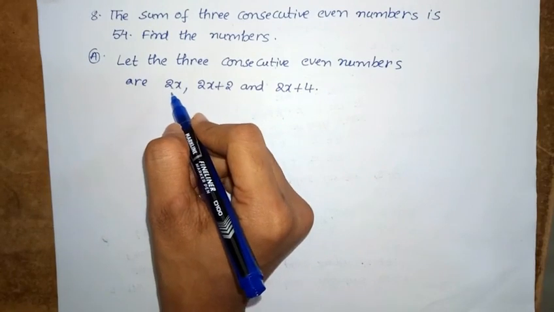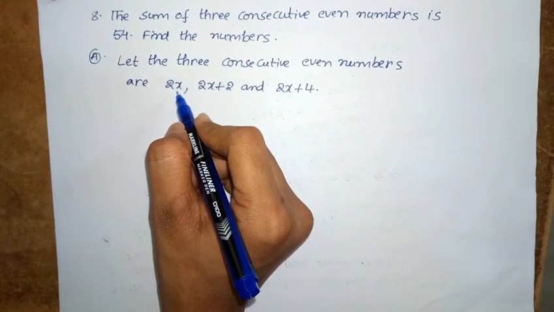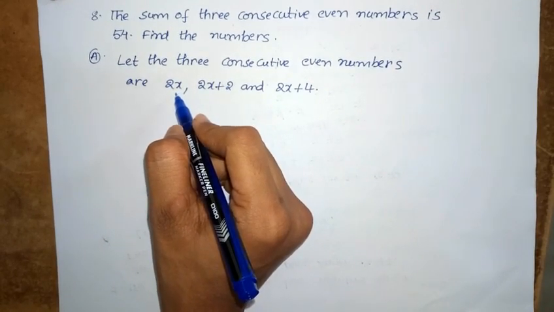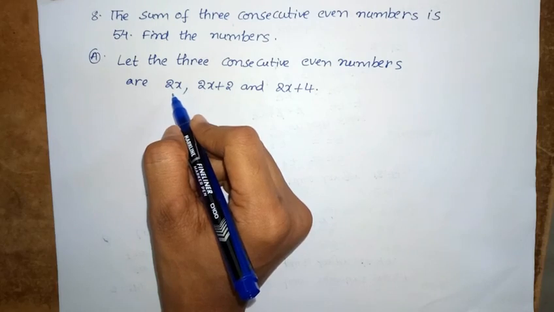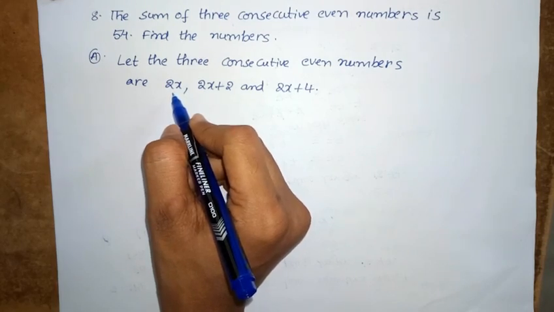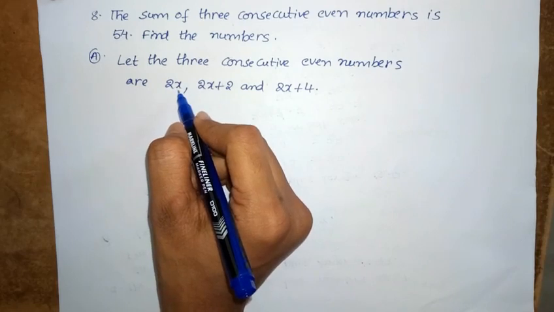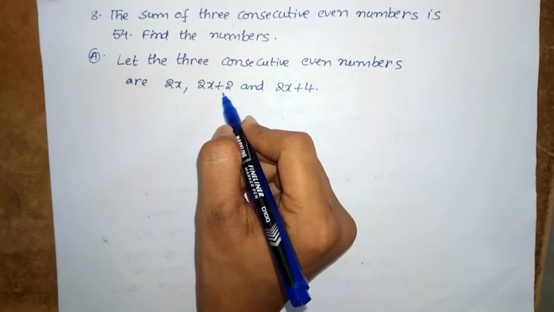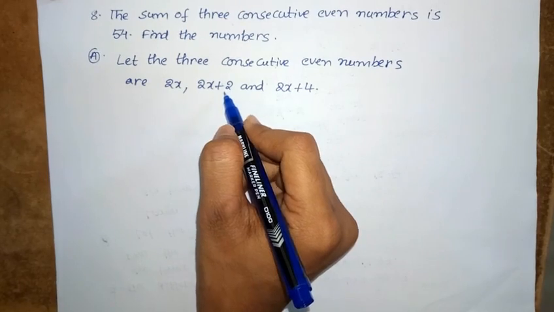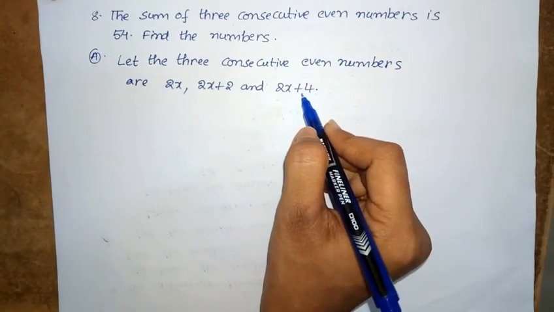Why are we taking 2x as the first even number? Because all even numbers are multiples of 2. So consider the first even number equal to 2x. By adding 2 we get the second even number, and by adding 4 we get the third even number.